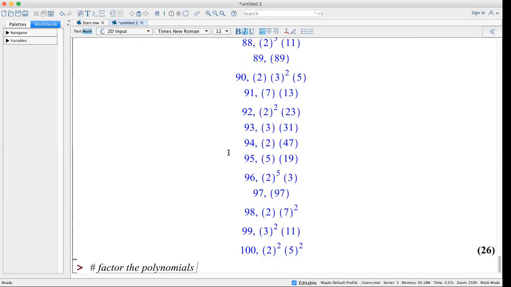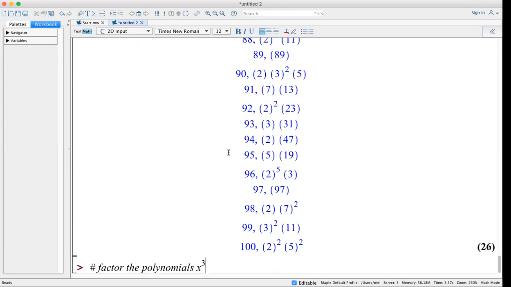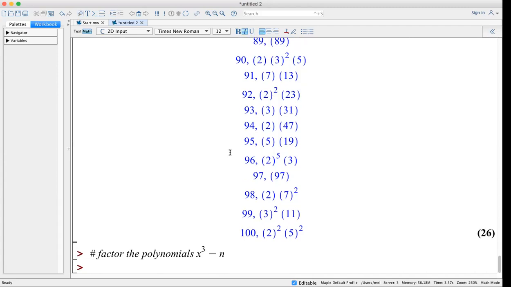Suppose we want polynomials of the form x cubed minus n, for n from 1 to, I don't know, 30.